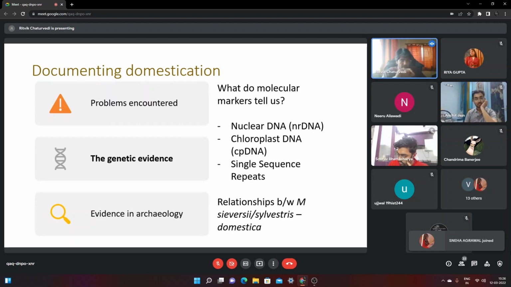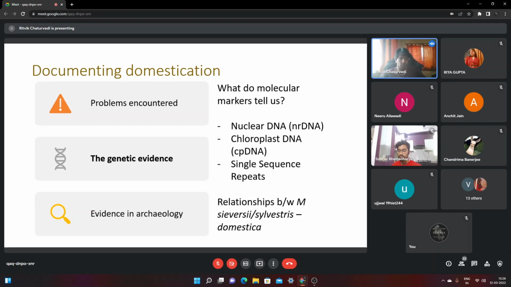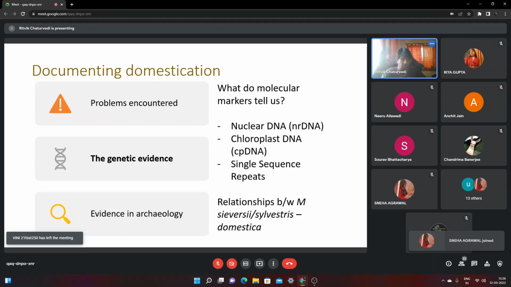However, studies on microsatellite markers, which are essentially portions of the DNA that keep on repeating for quite a long base pair distance, have shown that Malus domestica forms a distinct panmictic species. A panmictic species is a species where we observe random mating between populations.